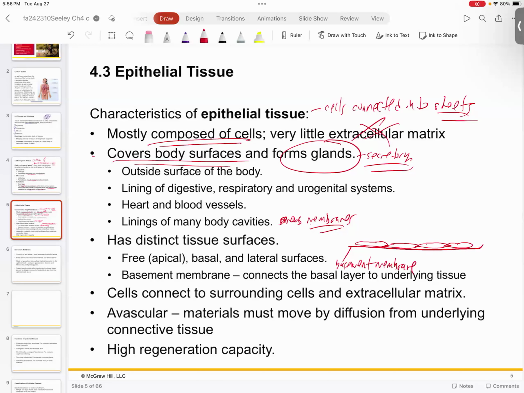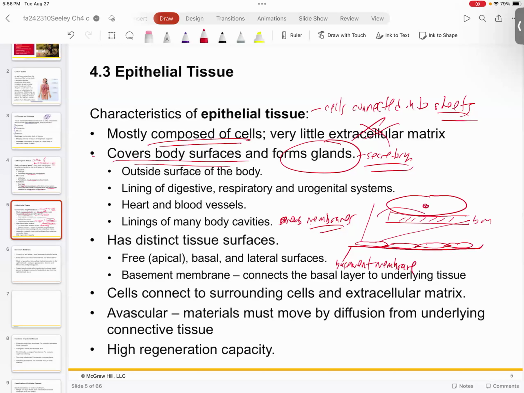Now, what that basically means is that every cell, so if I were to blow this up, so there's my cell right there. So I would have this basement membrane, let me just say BM. And so typically your cells will have two surfaces.